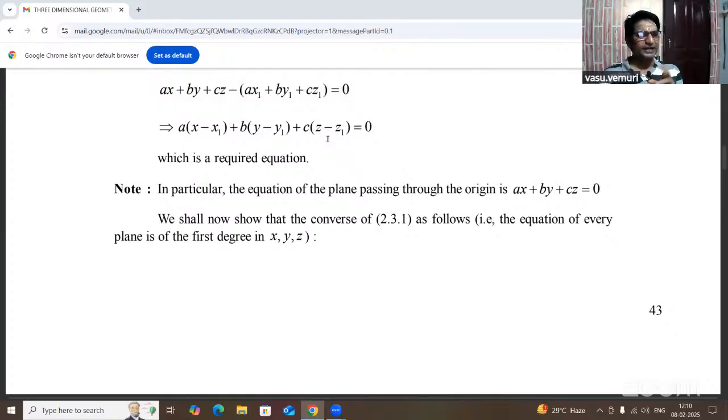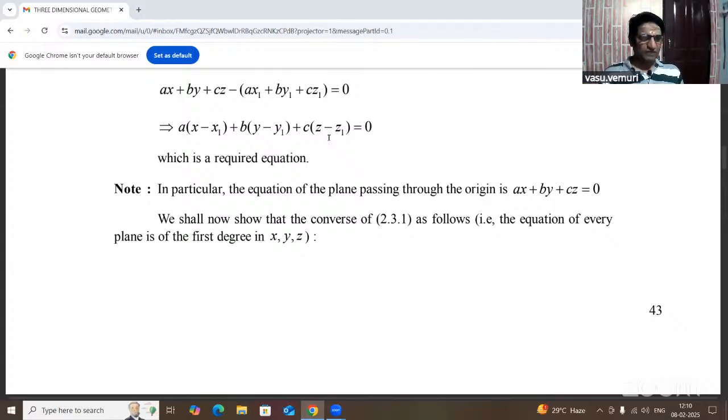When the given point is the origin, that is, when the plane passes through the origin, d = 0, because replacing the coordinates, x = 0, y = 0, z = 0. So we get d = 0.